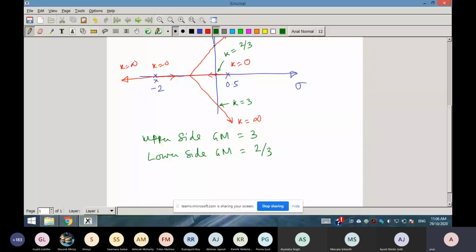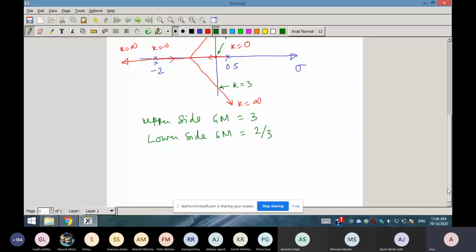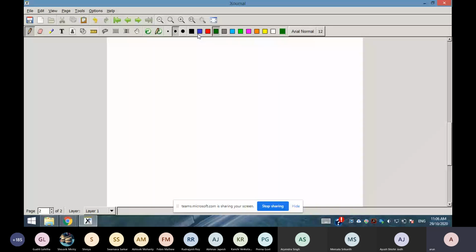Similarly, you can also use the Nyquist plot for this. Just for the same example, I will draw the Nyquist plot and show how to determine the lower side gain margin and upper side gain margin. For this system, the Nyquist plot will be like this.